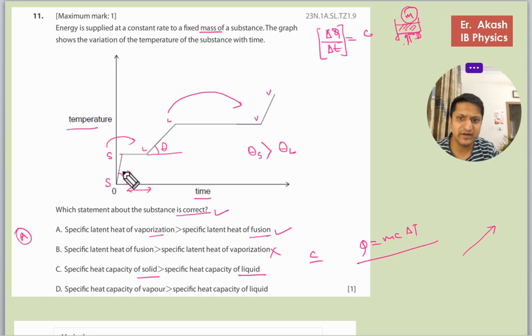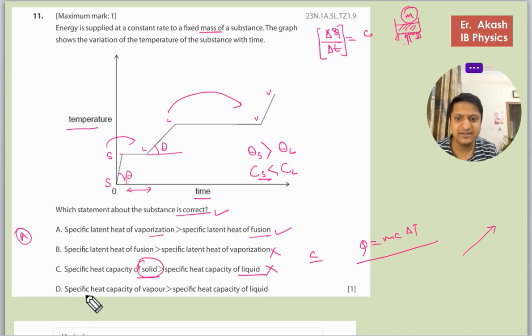So the slope is greater for solid and less for liquid. So this means that specific heat for solid is less and specific heat for liquid is more. But the option says that it's greater for solid, which is not right.